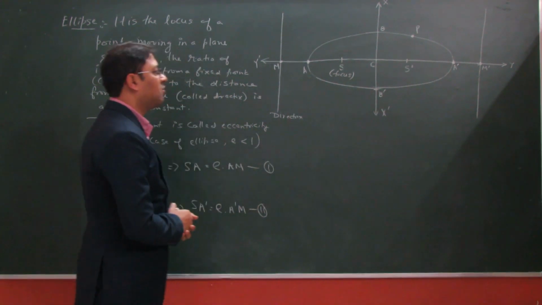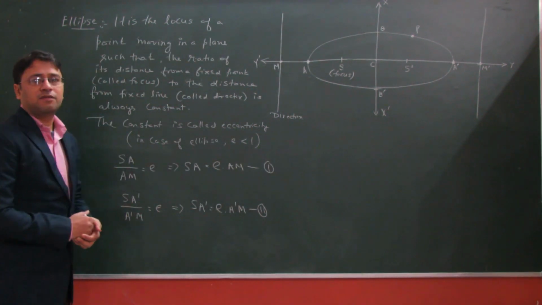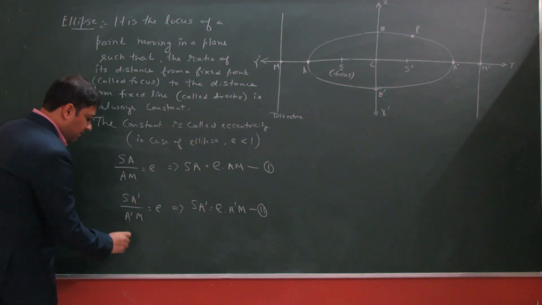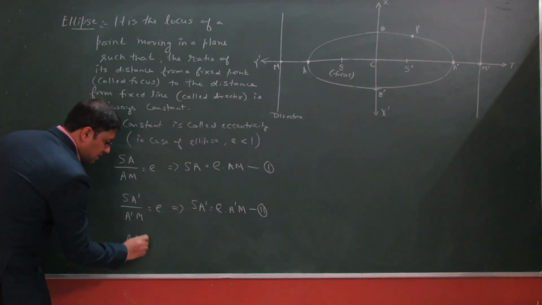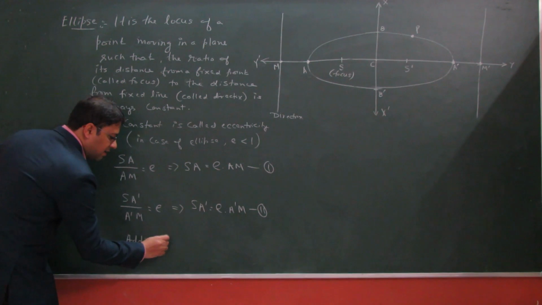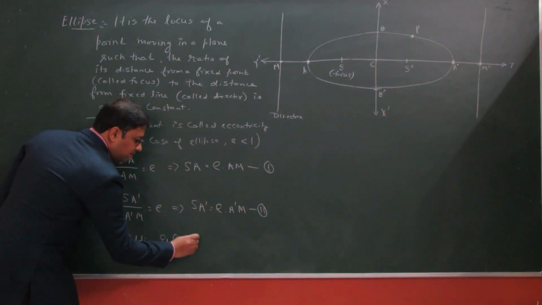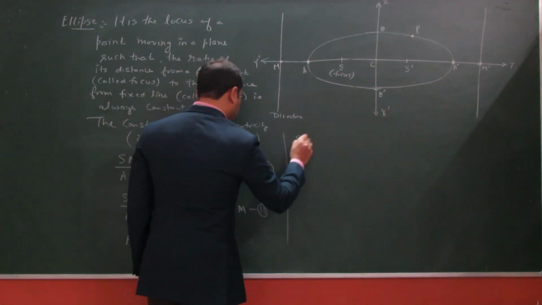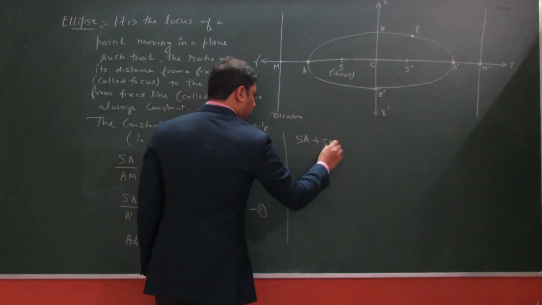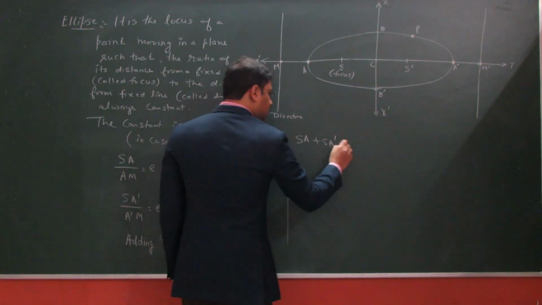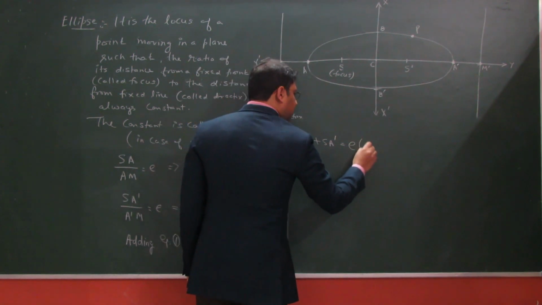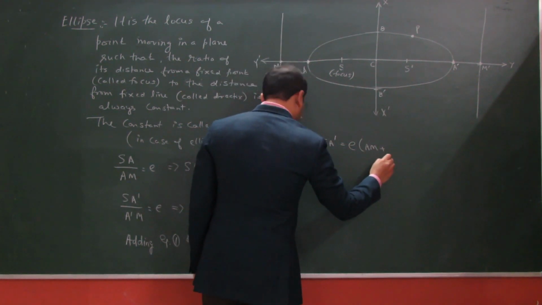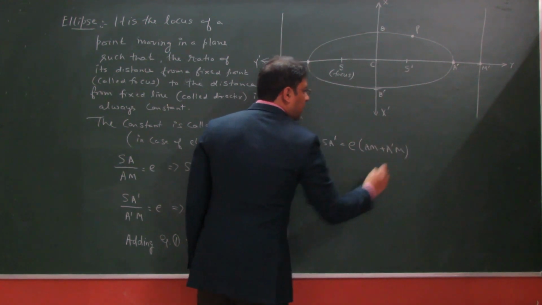Okay, so first let's focus on finding the coordinates of the focus. For that we are going to add both equations. The first step is simply to add equations 1 and 2. So we get SA plus SA dash is equal to e times (AM plus A dash M).